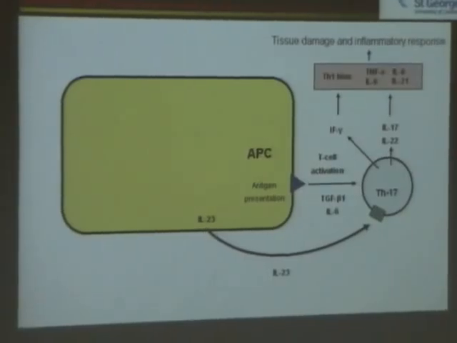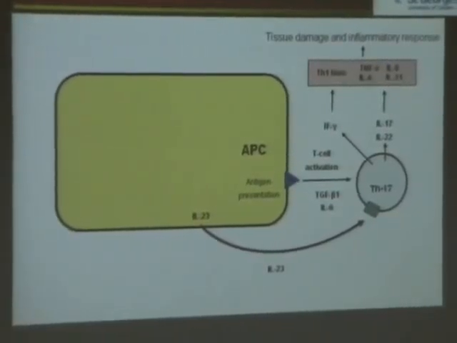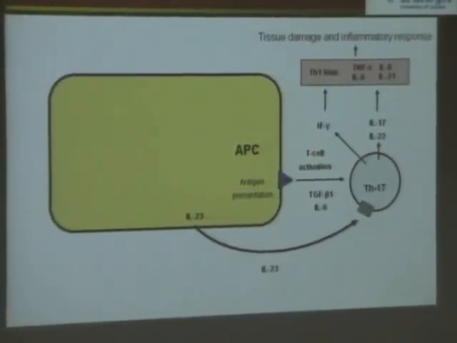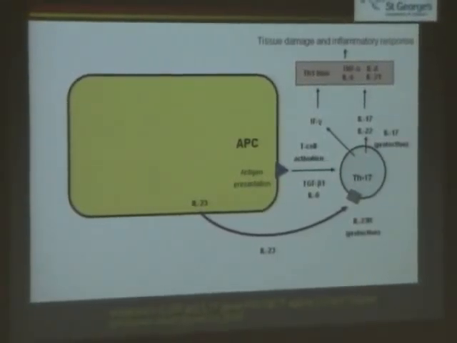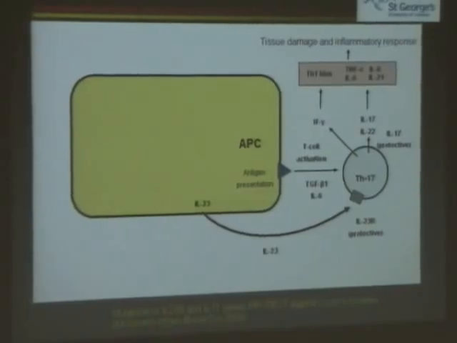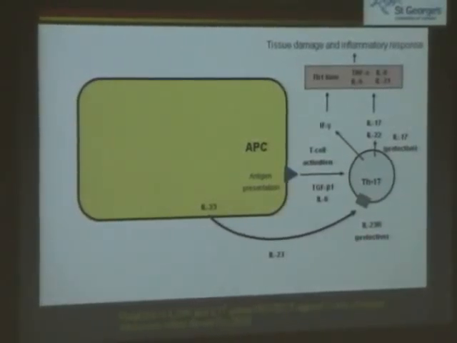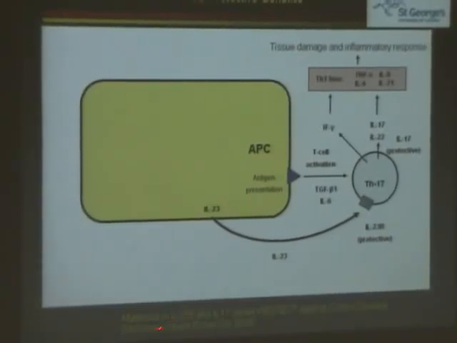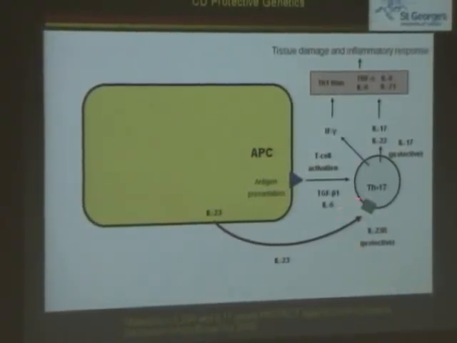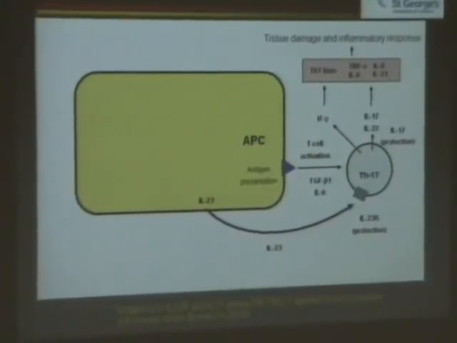Now, we also know that these are really important for Crohn's disease from the work done by Dermot McGovern, who's now in LA, and Judy Cho, who's at Yale. They show that mutations in these genes in humans, in the IL-23 receptor gene and the IL-17 gene, are protective for Crohn's disease.